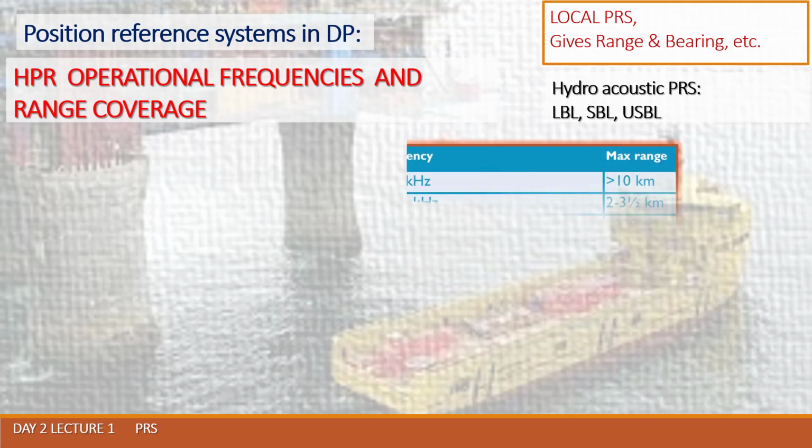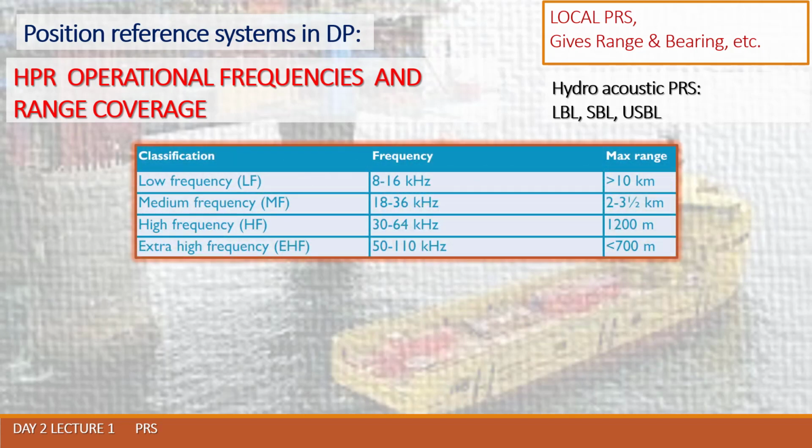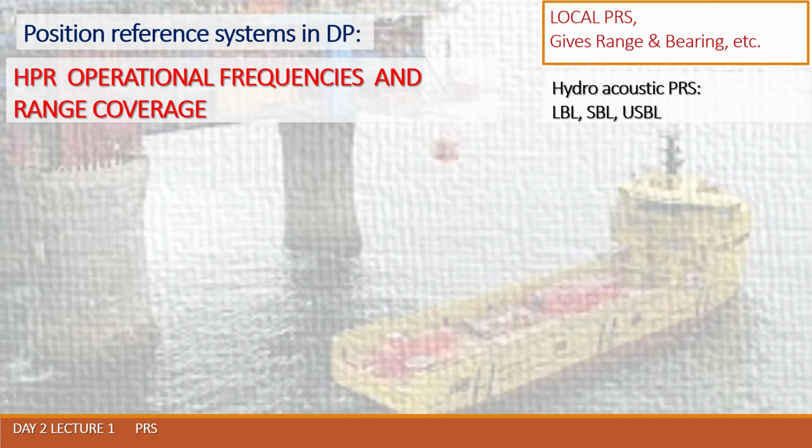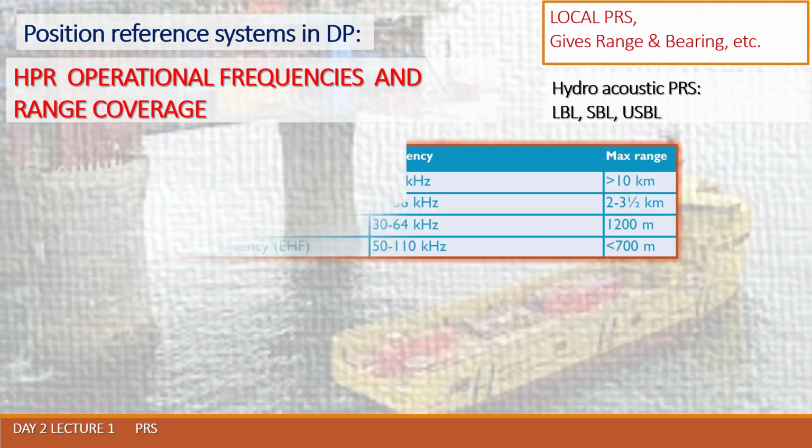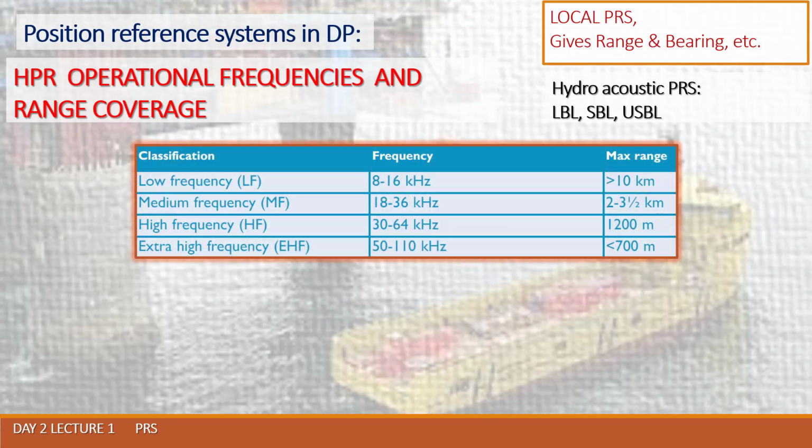High frequency, which is bordered from 30 till 64 kHz, gives us an operational distance of about 1200 meters. And extra high frequency, which lies between 50 till 110 kilohertz, normally gives us a maximum range of about 700 meters.